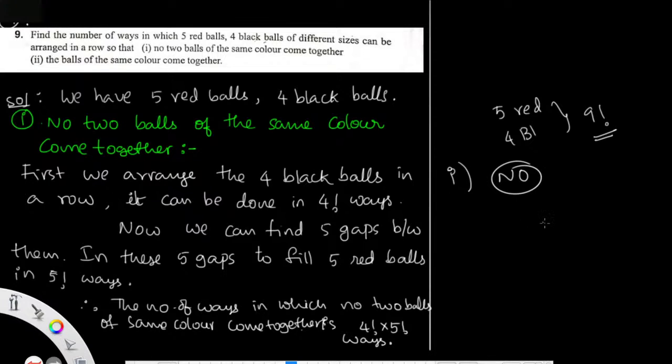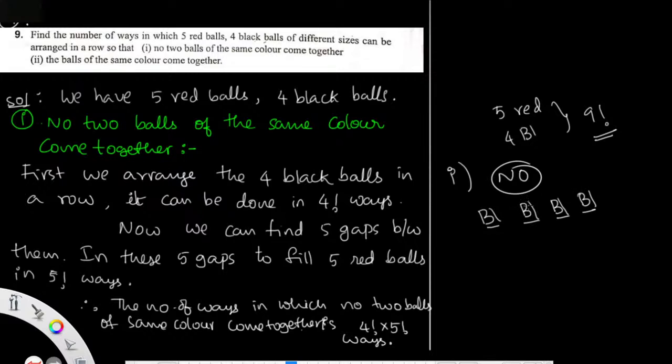First I am taking the 4 black balls: 1, 2, 3, 4. Black ball, black ball, black ball, black ball. No two of the same color, they are asking. So first arrange the black balls. How many are there? 4 black balls.